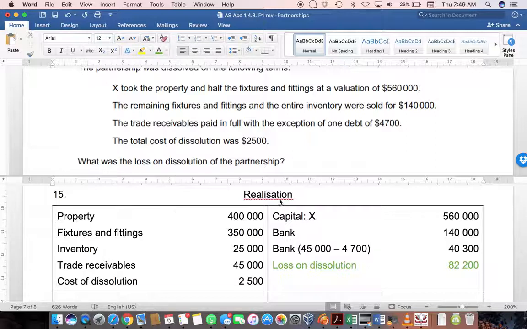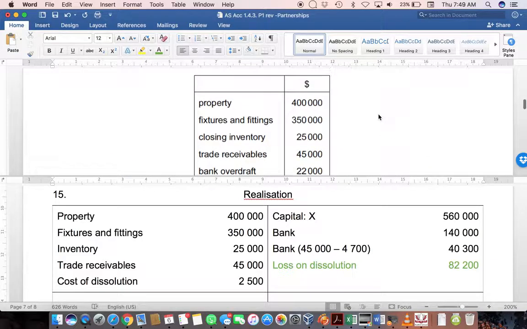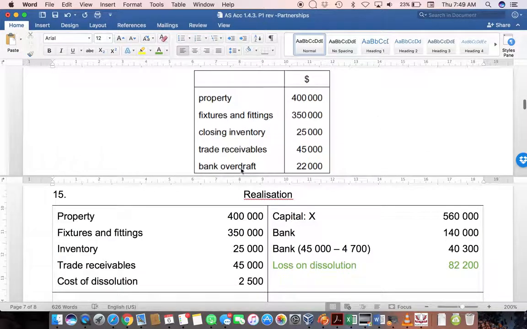And you would show the asset at cost on the debit side and the accumulated depreciation on the credit side to close off those accounts, or in effect you're putting the carrying value in on the debit side. You show what you received on the credit side, and then you can work out the profit or loss as a missing figure. We're going to do exactly the same thing here, except that instead of doing it for just one asset, we are actually going to do it for everything.